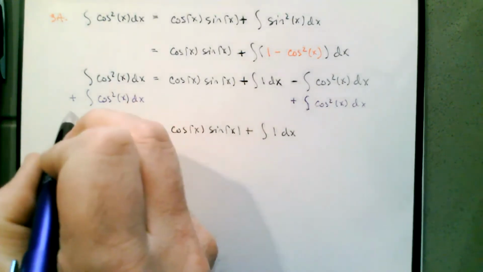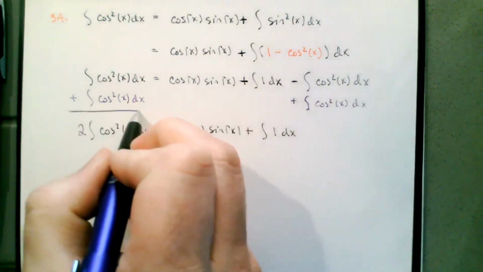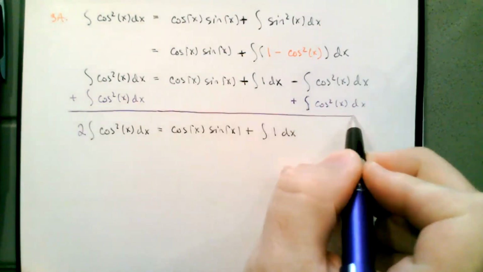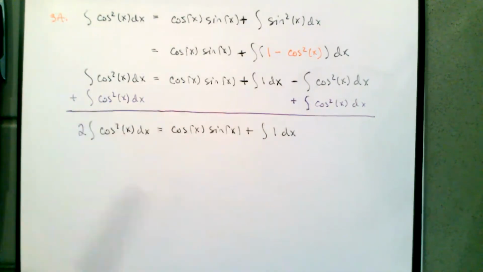So if I add a copy to both sides, that cancels it out on the right and doubles it up on the left. Now I'll just integrate the 1 and divide by 2.